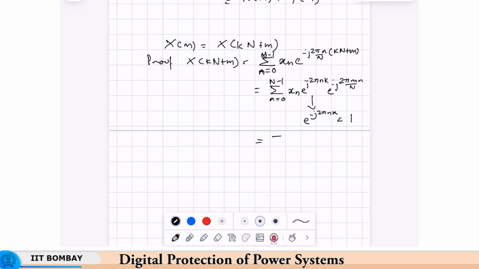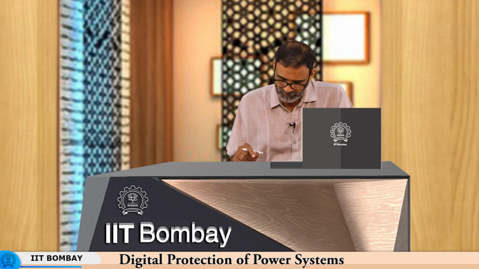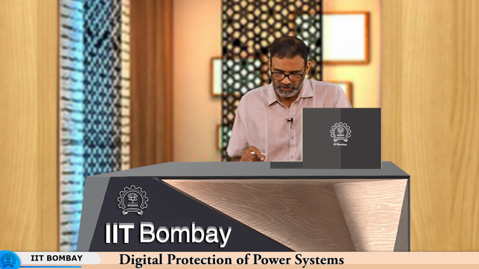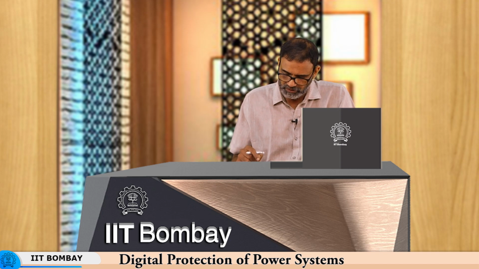So, this evaluates to, which is nothing but x of m. Okay. So, so far the proofs were quite simple and straightforward. The next one also has a simple proof which we will see, but we will also go through the rigor of a more detailed proof just to again get the concepts right.